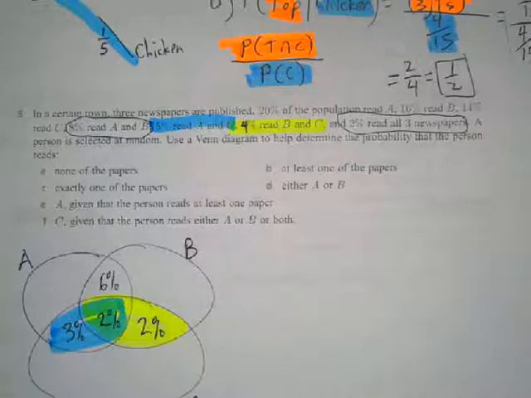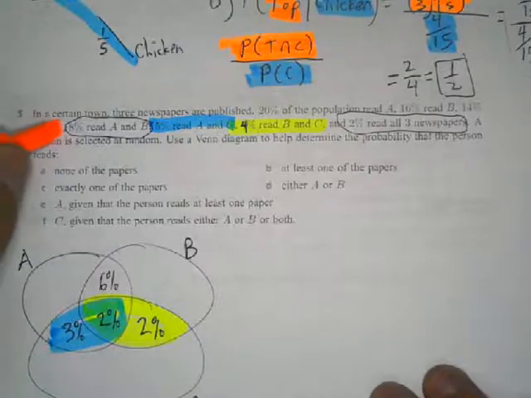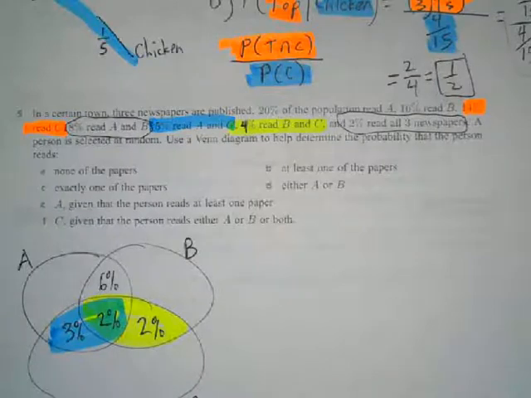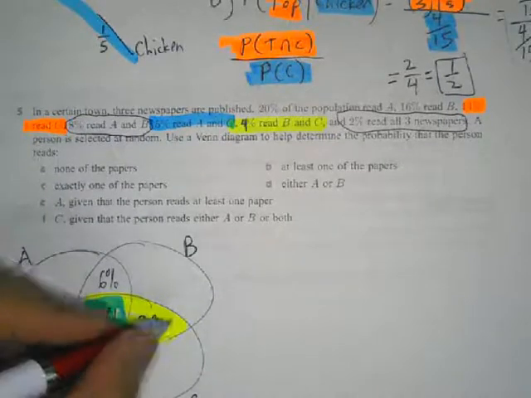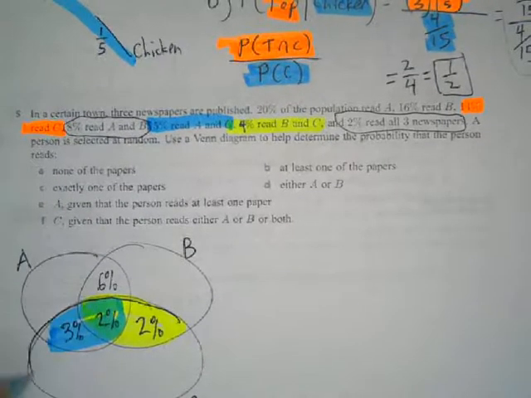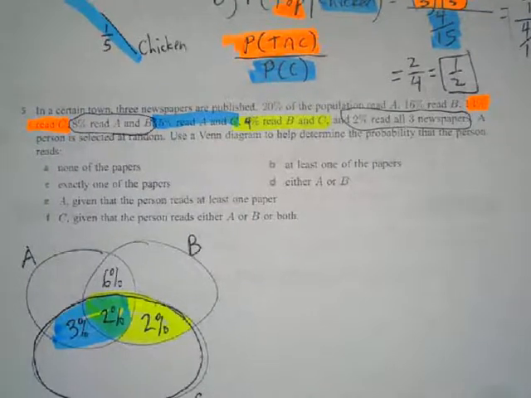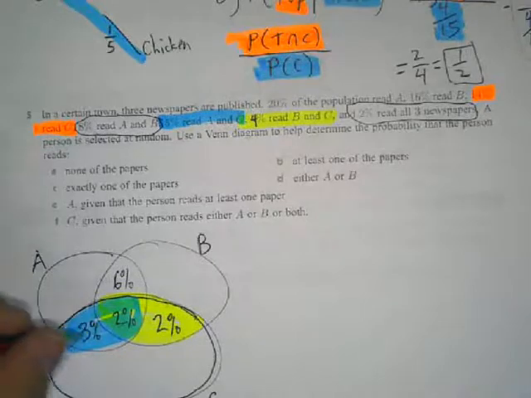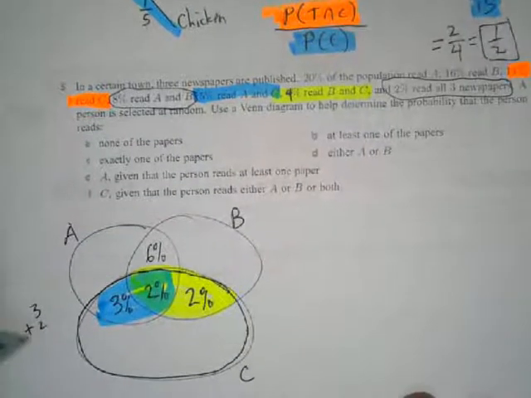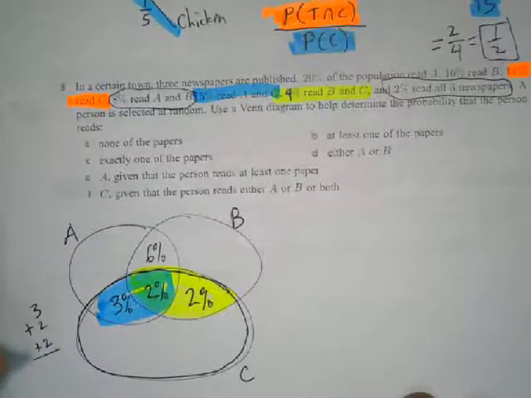Okay, so now I can see that 14% read C. So that means this whole circle has to add up to 14%. So I can do 3 plus 2 plus 2, and that's going to give me 7.